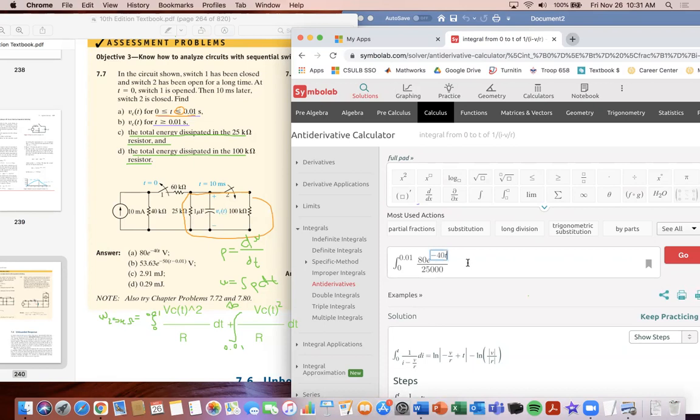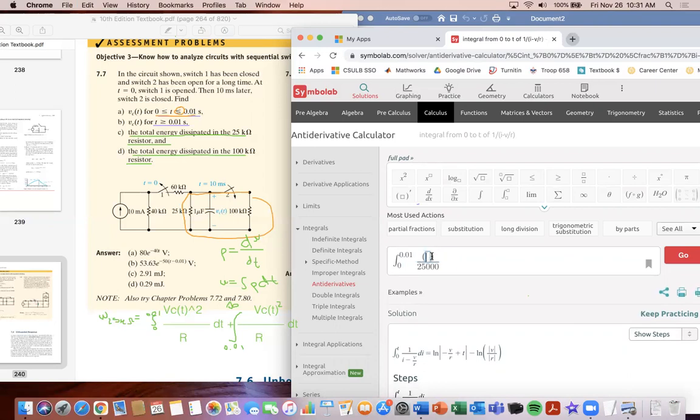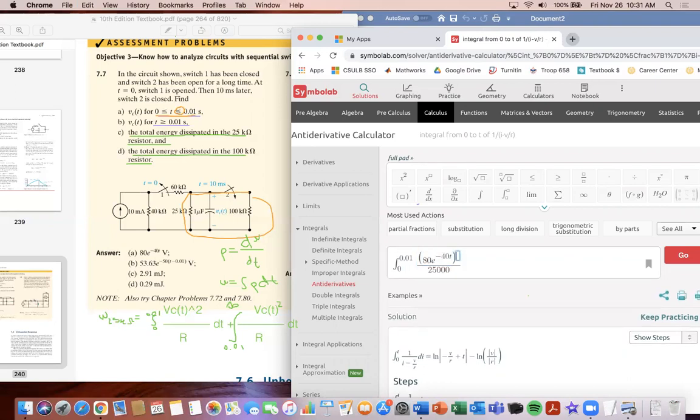And then I need to square that. So square this, let me put this inside. All right, and then do dt plus the other interval, which is 0.01 to infinity.